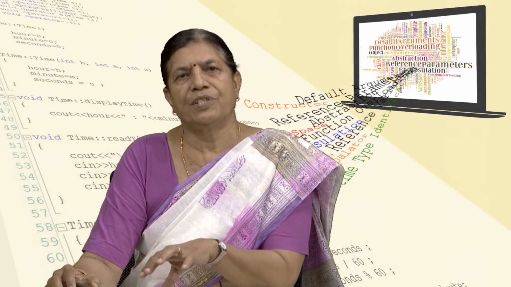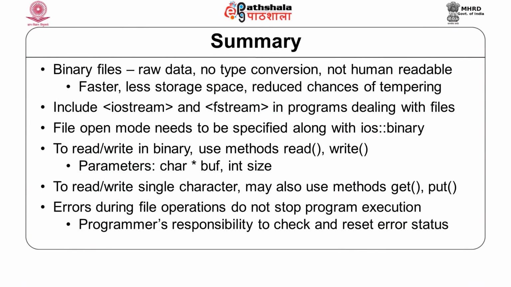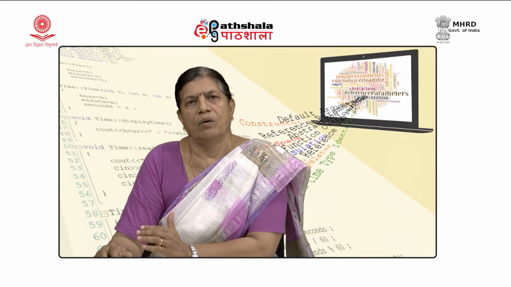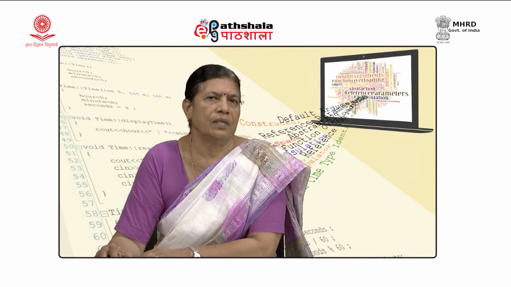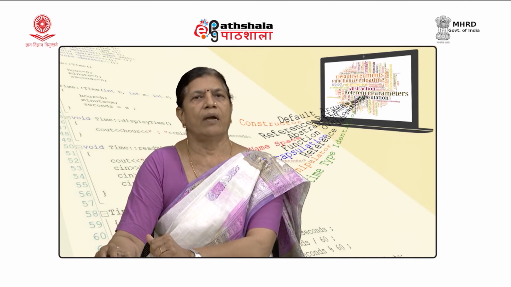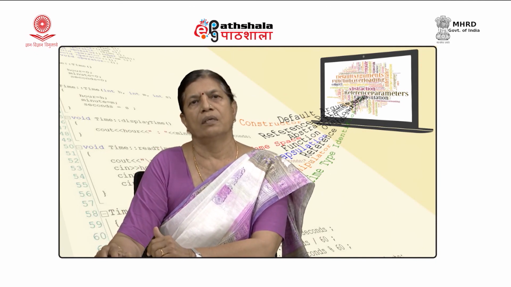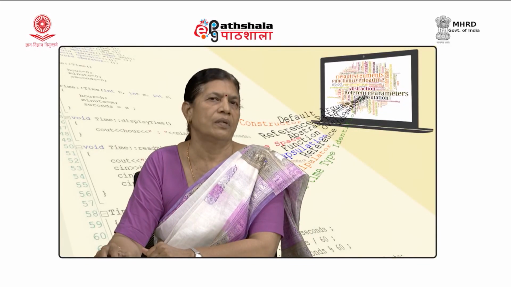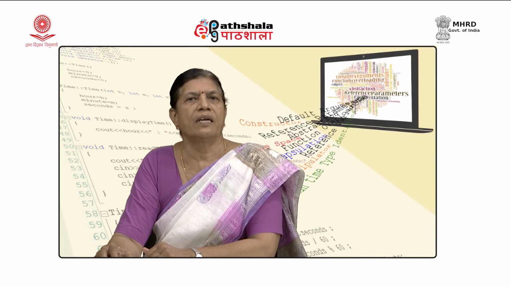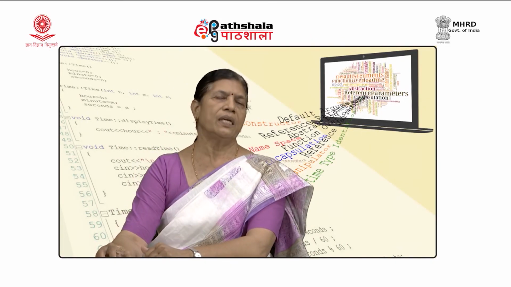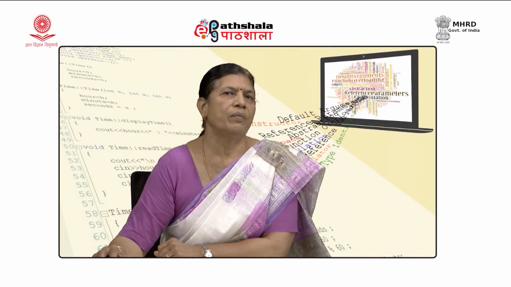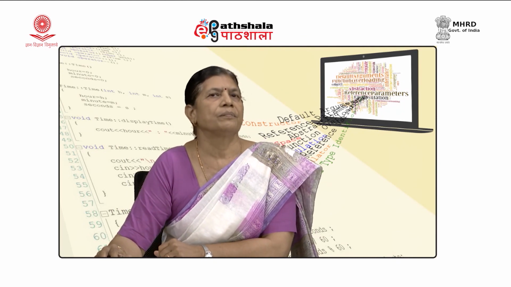When we want to use files, we must include the fstream library into the program, and we should also set the ios::binary flag along with either in, out, app or ate, whatever flag we are using. We can use either get or put methods or read and write methods. Get and put will be used only for single characters, whereas read and write can be used for any type of data, maybe single character, structures, objects, numeric, or strings.